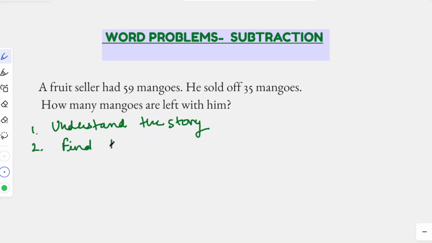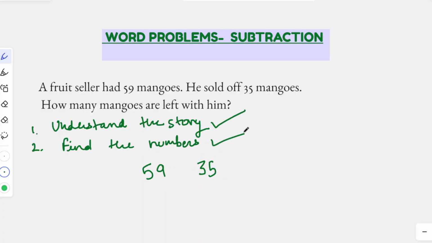The story is very simple here: there is a person who is selling mangoes, and initially he had 59 mangoes with him, and during the day he sold off 35 mangoes. Now there are some mangoes left with him and we need to find that number. So understand the story, done. Find the numbers. We have 59 and we have 35. So we already found the numbers.